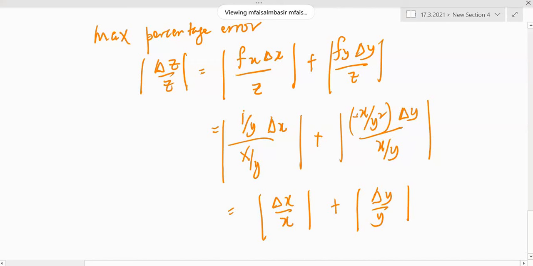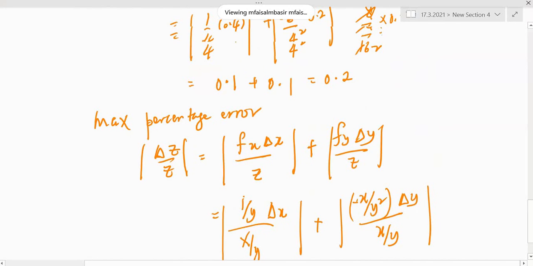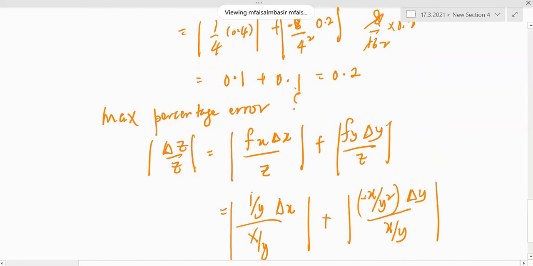Okay, but what is delta x over x? So they should give, okay? So they didn't give here. So let's say they give you maximum percentage error for x will be 4% and the maximum percentage error for y will be 2%.